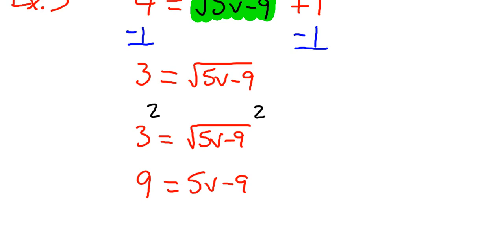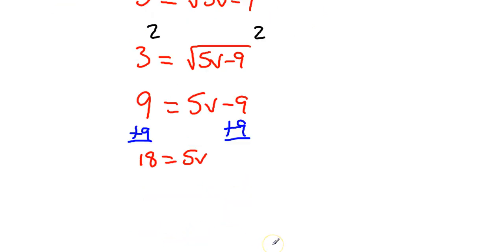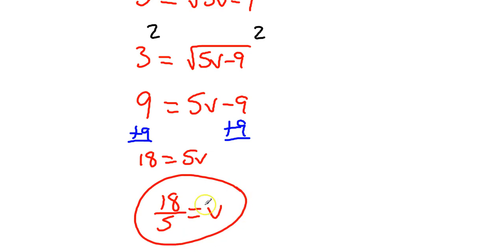Okay, and then back to another one where you've got your two-step equation here, so you've got to get rid of the negative 9 that's with the v. And then just divide both sides by 5, so v would be 18 over 5.